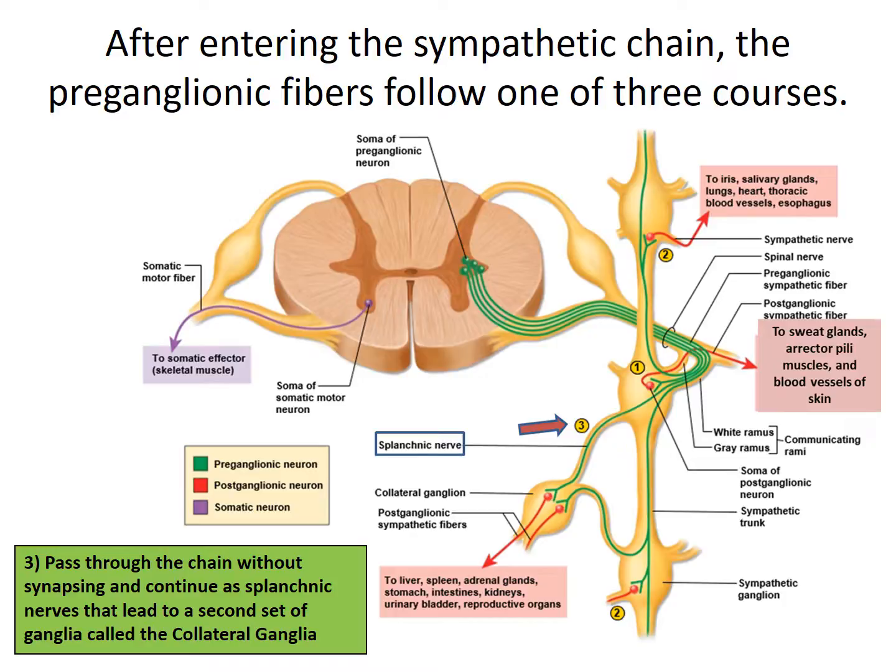The target organs of these neurons are going to be the liver, spleen, adrenal glands, stomach, intestines, kidneys, urinary bladder, and reproductive organs.